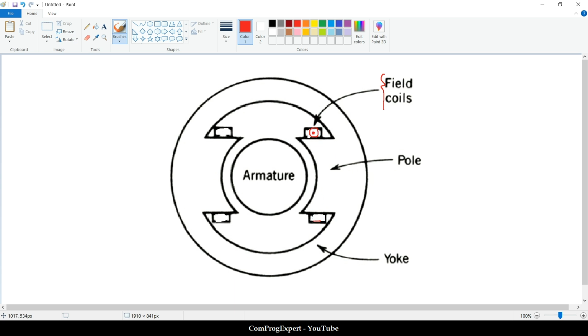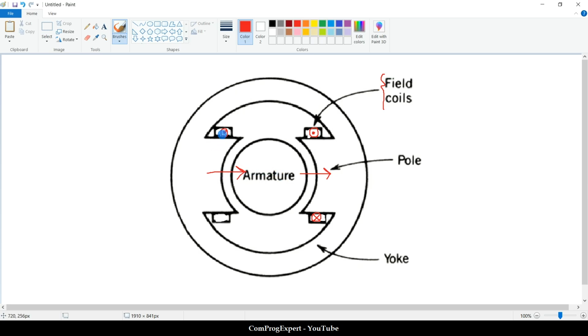For this coil region, the direction of the current is into the paper, and therefore the field generated by this coil is in this direction. What about this one? For this coil, the direction of the excitation must be in this direction because the field generated by this coil should be in this direction. Okay, so this is the direction of the flux density vectors.